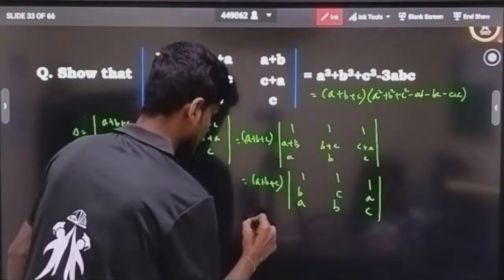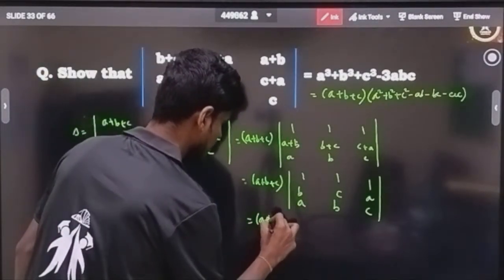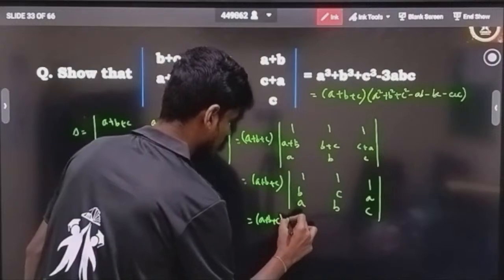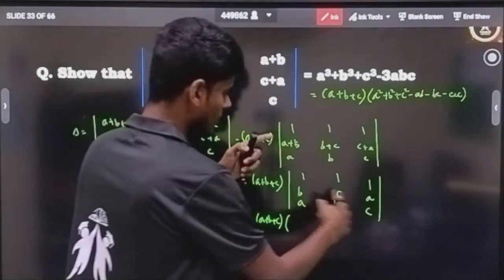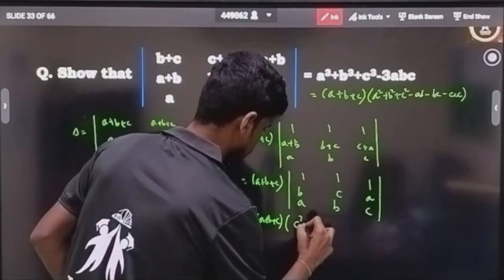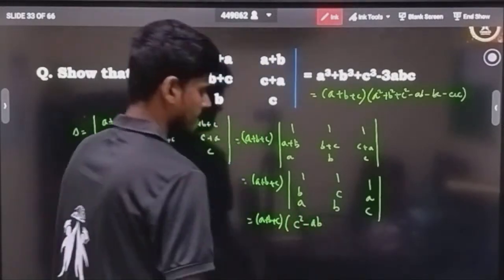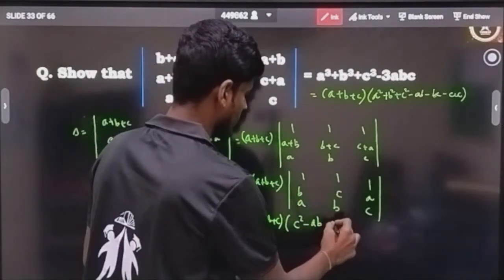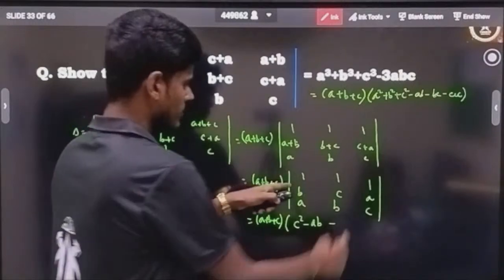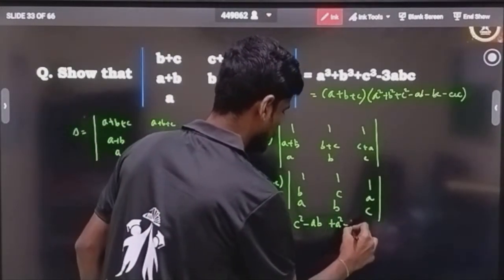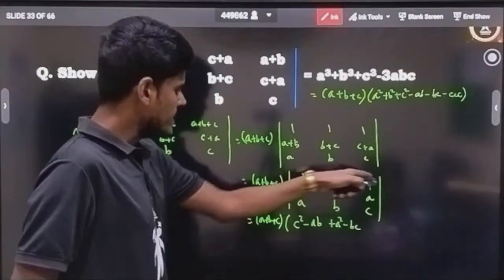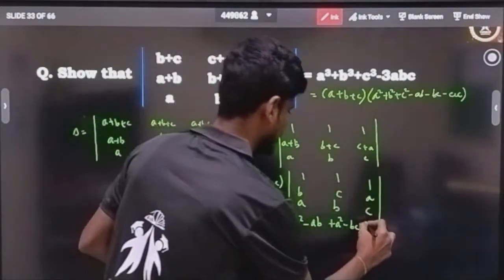Now we will expand this. This is equal to a plus b plus c into the expansion of this, which is 1 into c square minus ab. Next one, minus 1 into bc minus a square, that means plus a square minus bc. Next, plus 1 into b square minus ac.